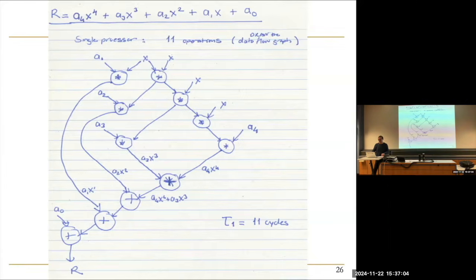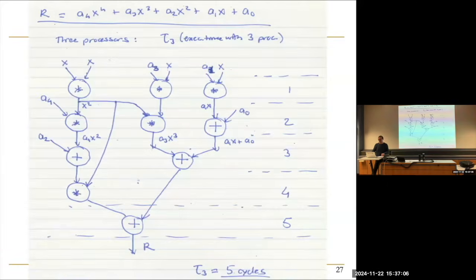Okay, I get 5 with 3 processors. And this is how I would do it. X square here, A4X square here. And this is A2 plus A4X square here. And X square goes also here. And then this A3X. And this is A3X square here. And this A1X.